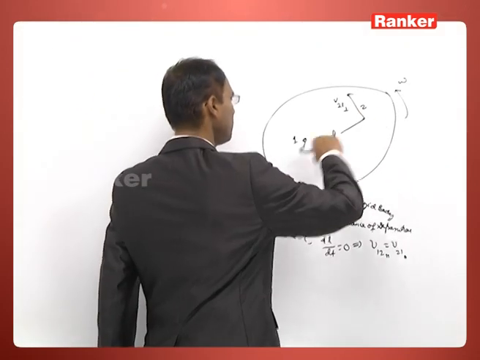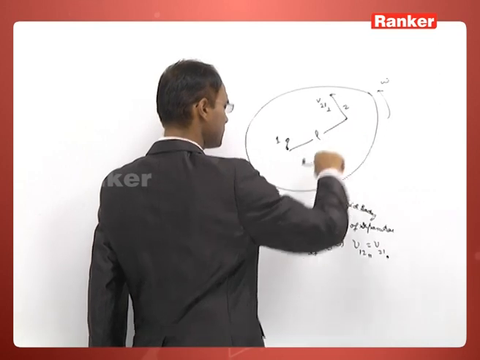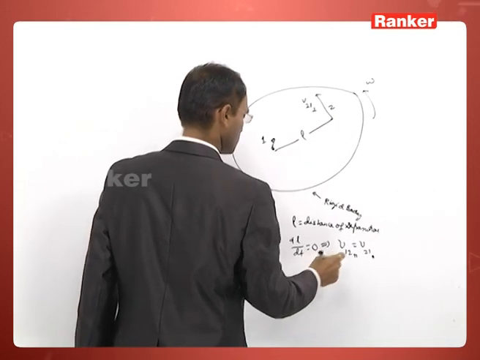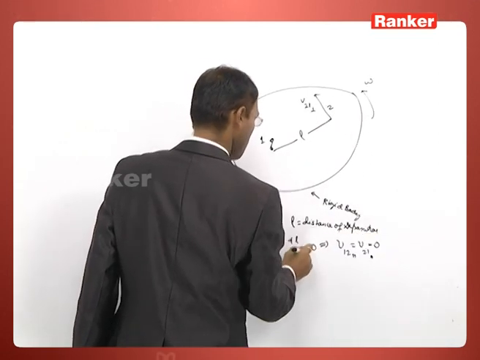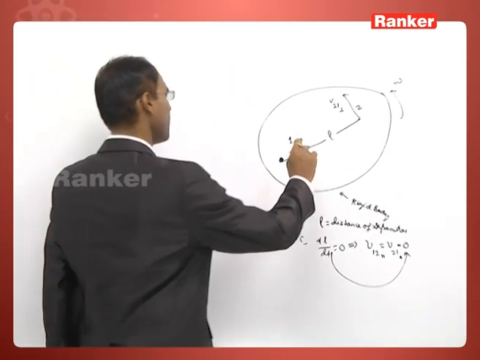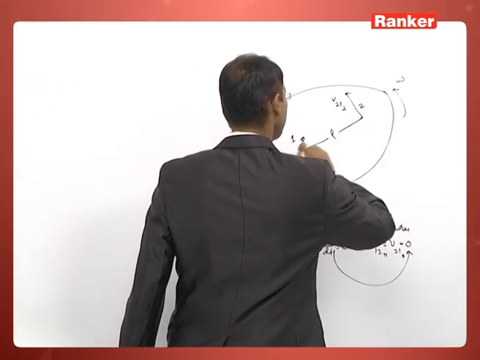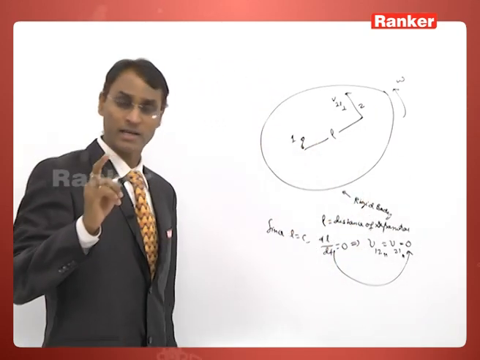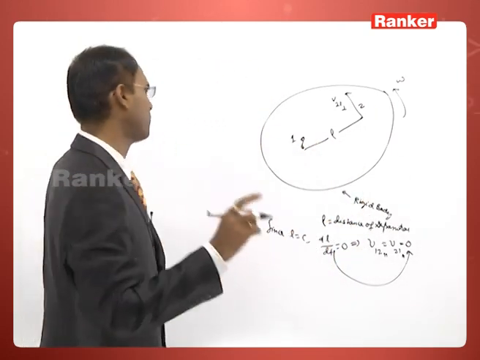That is what we can call the rate of change of distance of separation. That is equal to 0 because dl by dt is 0. So there is no relative velocity between any two points along the line of separation for a rigid body.